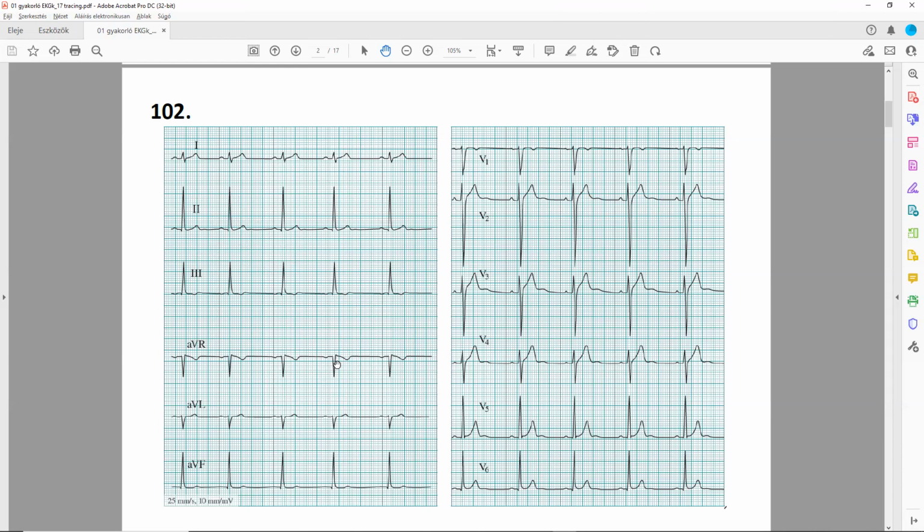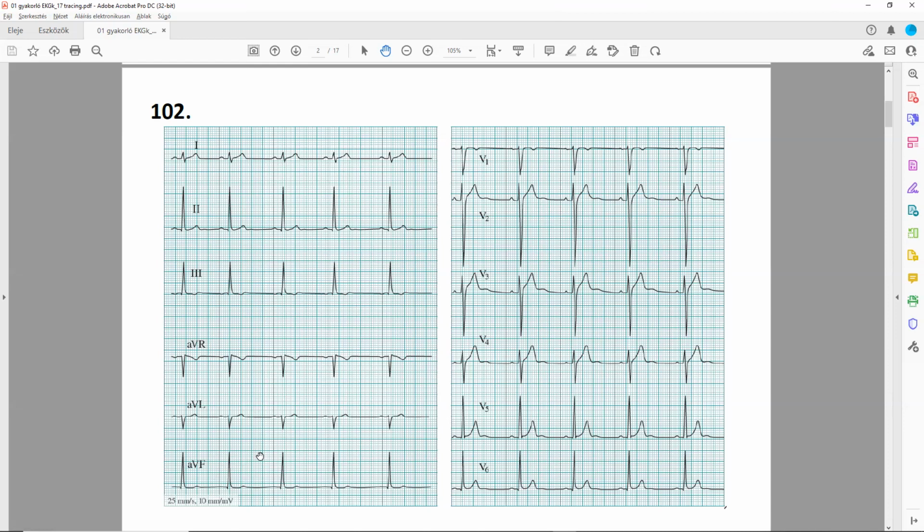And then the axis. Lead one is equiphasic, so we can say it's positive. Equiphasic, and the AVF is positive, so it will be in the normal axis. You can say precisely what the axis is.